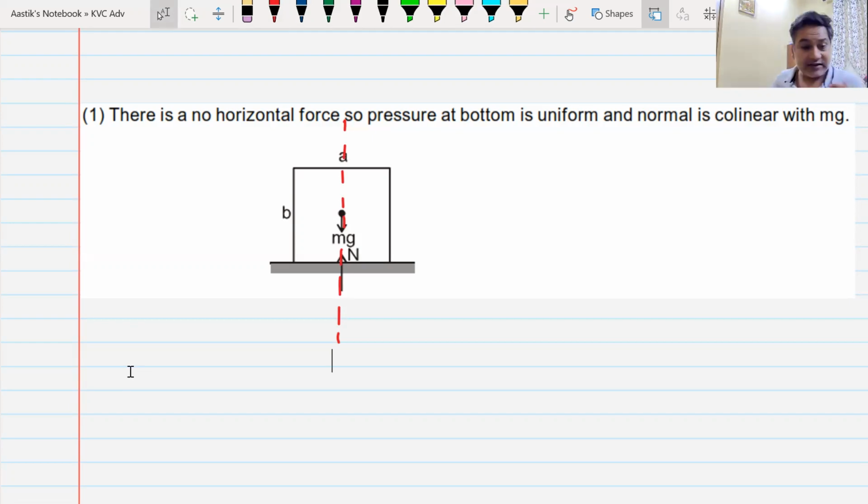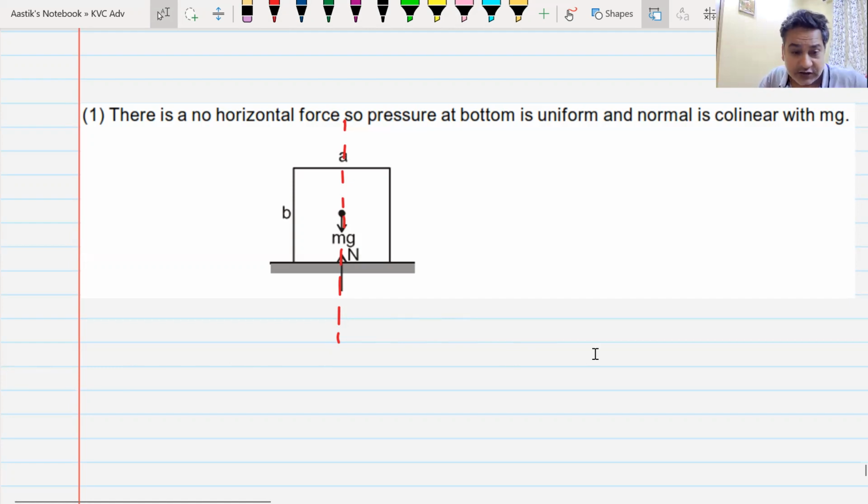Now, if I start to apply any force in the horizontal direction, it may be at the center of mass, it may not be at the center of mass. Here they have assumed that there is friction on the ground.